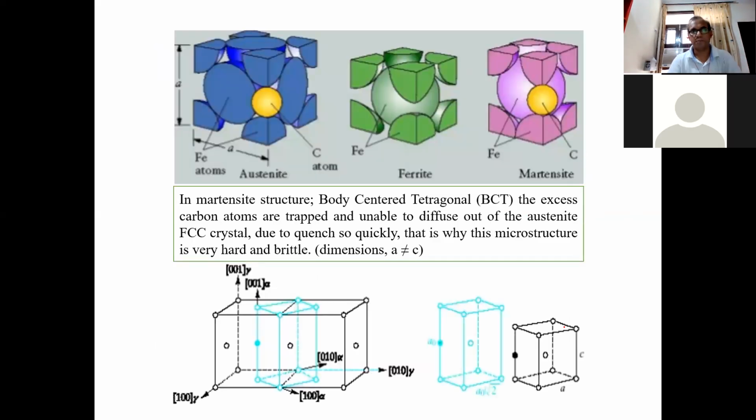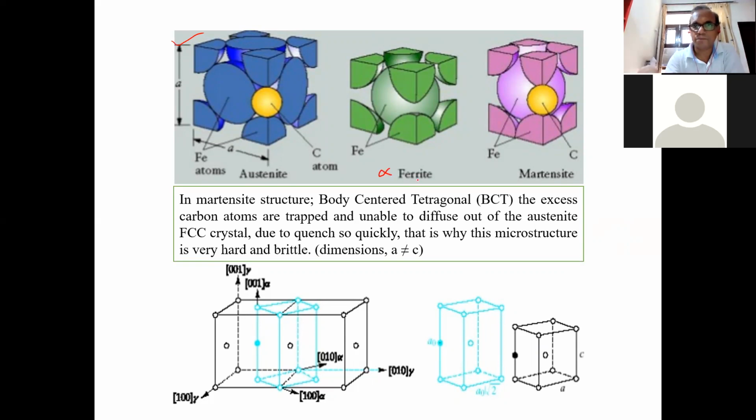Now see this diagram. This was austenite structure, FCC, initially, when the steel was heated above upper critical temperature. BCC में कैसे आना चाहिए? It should be like this. This is a body centered cube.